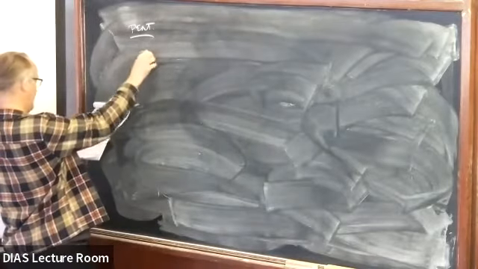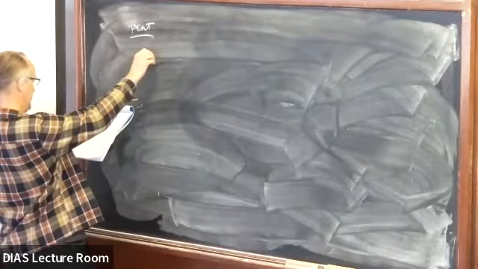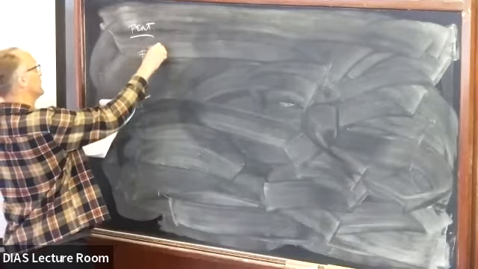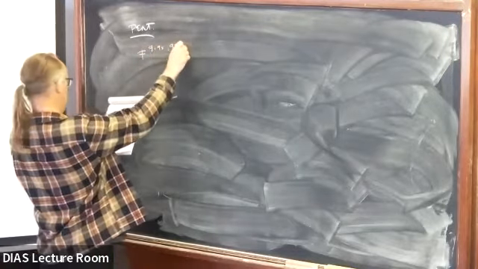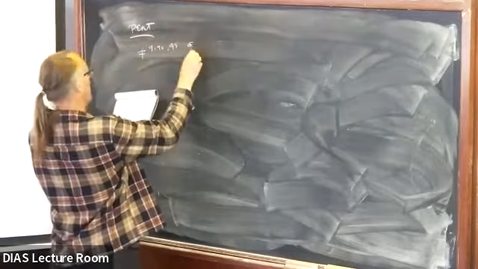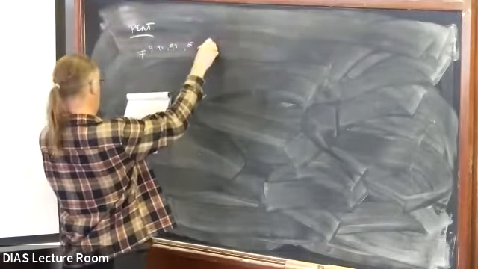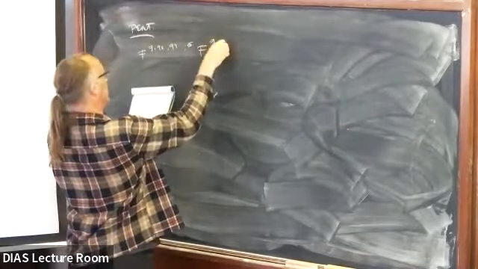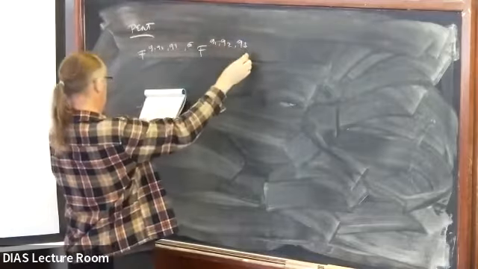So for the Pentagon, I can do the simplest. One of the simplest Pentagon equations here is f(v1) 2 sigma times f for v1 v3.